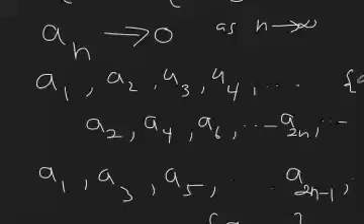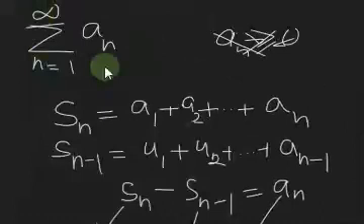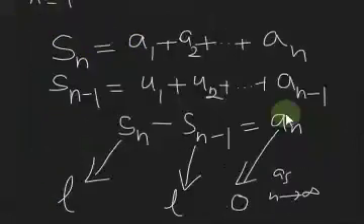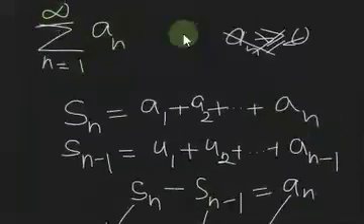So if it is convergent here, look at this. You have a series. You consider the nth partial sum, right? You know a_n is the difference between these two partial sums. We know that if this series is convergent, then the sum of this series is finite.